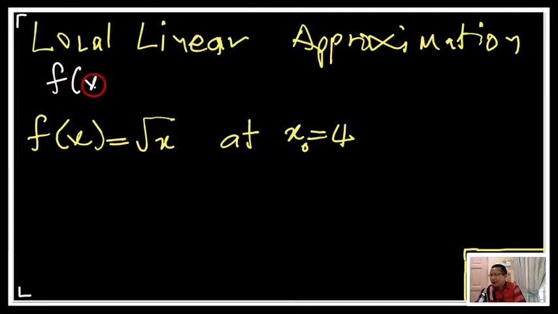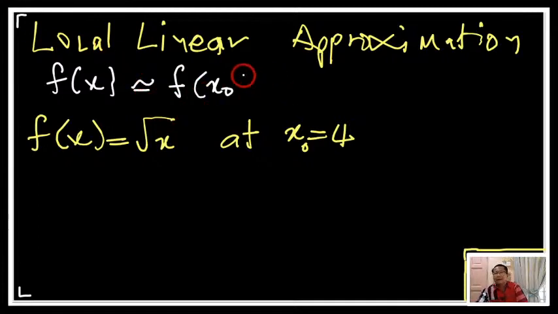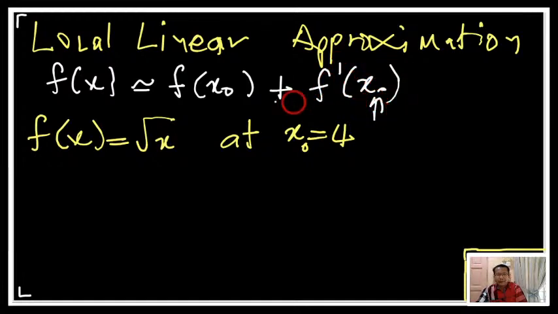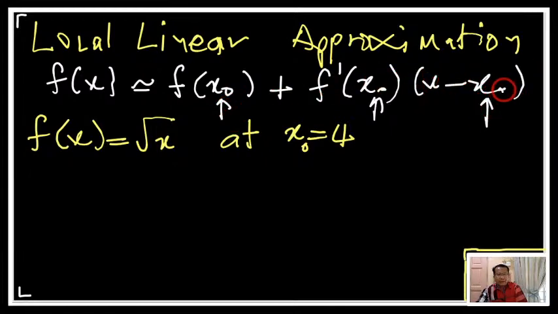f(x) is approximately equal to f(x0) plus f prime of x0 times (x minus x0). This part is called dx, the differential of x.